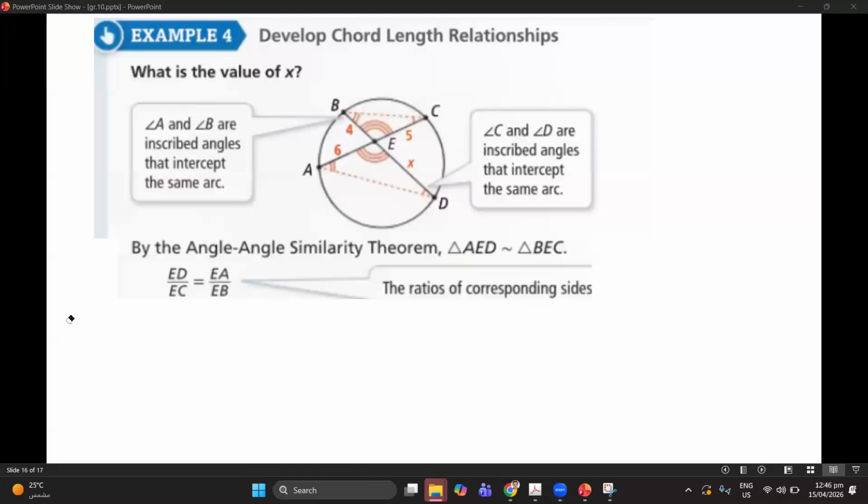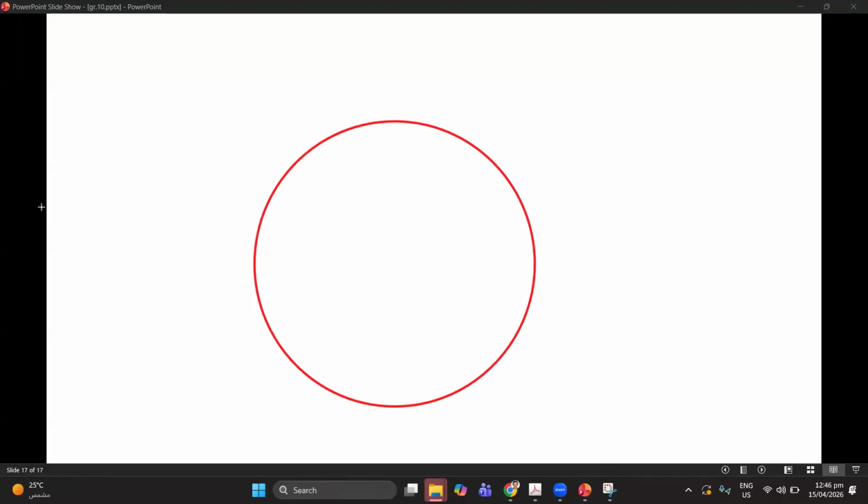Now, in this example, I will show you how we find the length of the chord. What do I mean? If I have a circle, and inside the circle I have two chords like this, then I ask you to find the measure or the length of the chord.